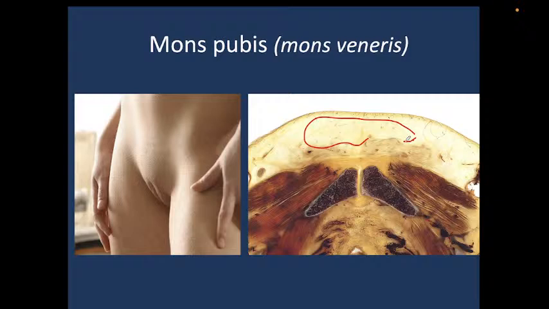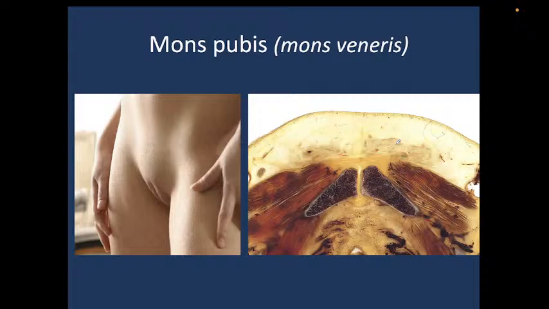We see heterogeneous subcutaneous fat on plastinated specimens on women, but we also see some kind of connective tissue in this area.